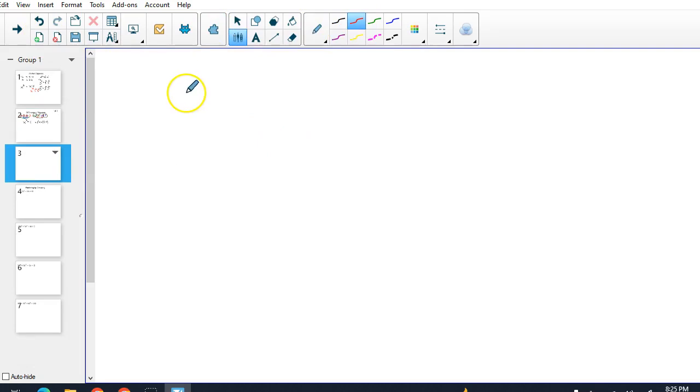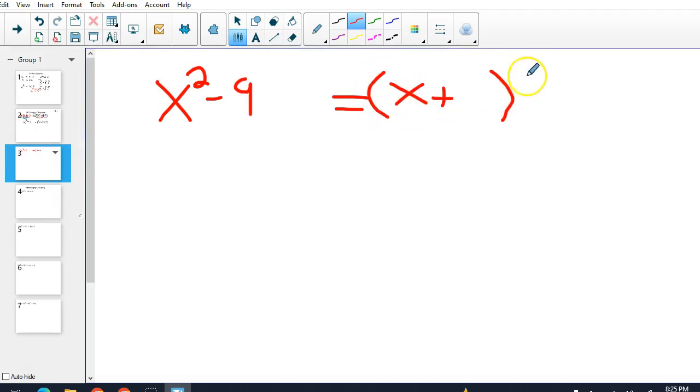So if we had, say, x squared minus 9. X squared is a perfect square because it's equal to x times x. So we have x plus, we're going to have x minus, all right? And then 9 is a perfect square because 9 is equal to 3 times 3.